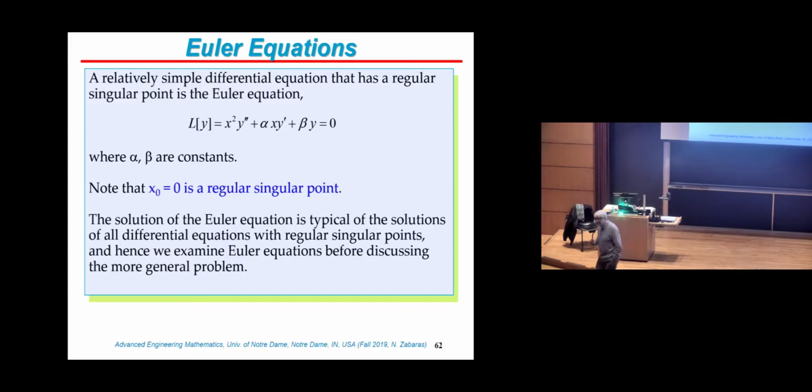And what I mean here, not too singular, implies that when I multiply by x, the limit of x times 1 over x as x goes to 0 is equal to 1. It doesn't blow up. So the singularity is not too significant.